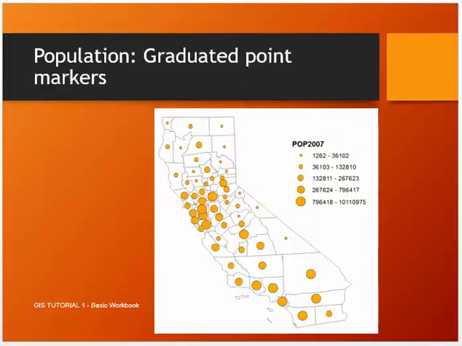So how can we clean that up a little bit? Well, we have some graduated point markers here for each county. It shows that we have a little more density around the Bay Area. Lots of people live in the South, but those are big counties, and so the population density isn't visually as significant.